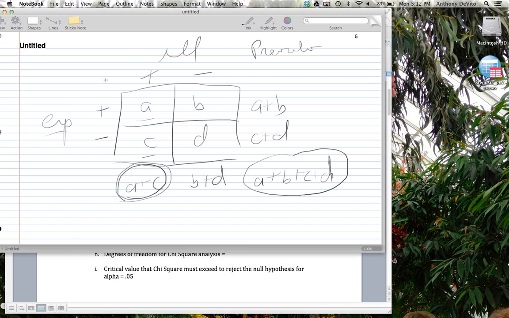If there's a relationship between exposure and illness, we would expect this number A, or at least the proportion up here, to be higher than this number C, or the proportion down here. So the prevalence, or the probability in this population, is equal to A plus C over A plus B plus C plus D.